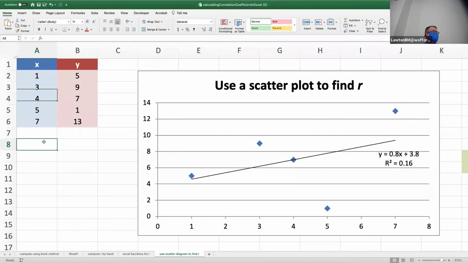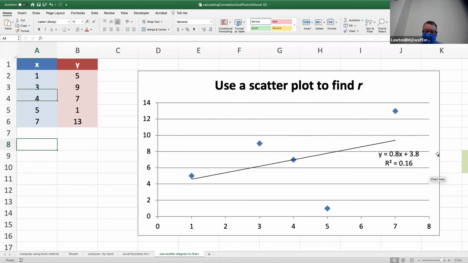What is the line for the regression equation? It's staring at you. There's only one equation of a line on the page. Yeah. y equals 0.8x plus 3.8. So the slope is 0.8 and the y-intercept is the point (0, 3.8).